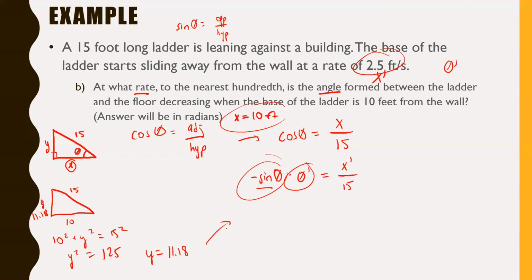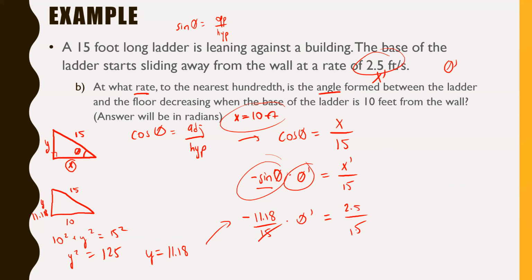So if we throw it back into our derivative formula to find our theta prime, instead of saying negative sine, we'll say negative opposite over hypotenuse. So negative 11.18 over 15 multiplied by theta prime equals x prime, which is 2.5 divided by 15. To solve for theta prime, we just need to multiply by 15 on both sides.